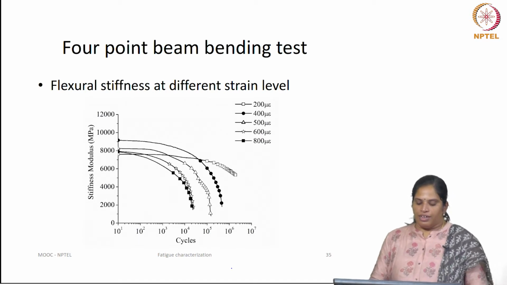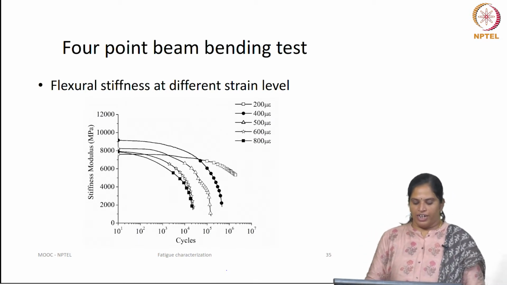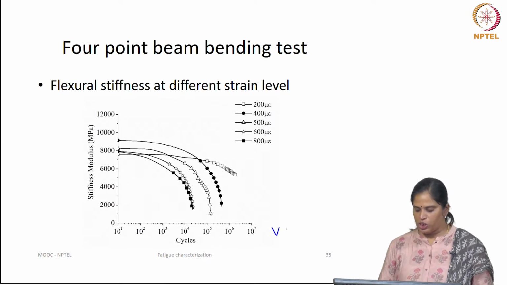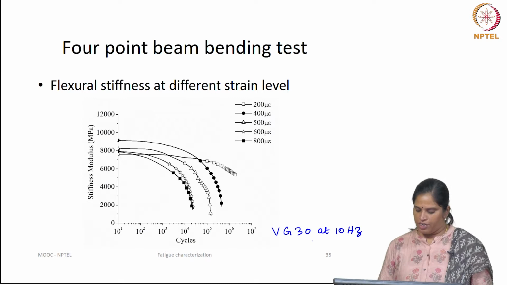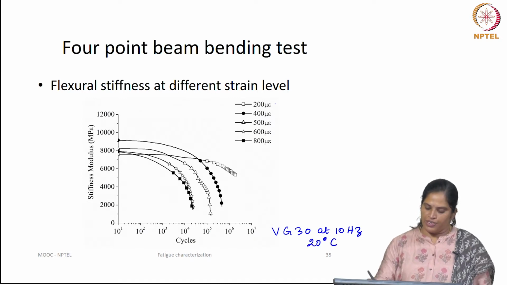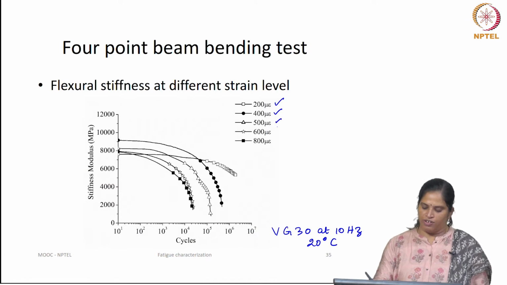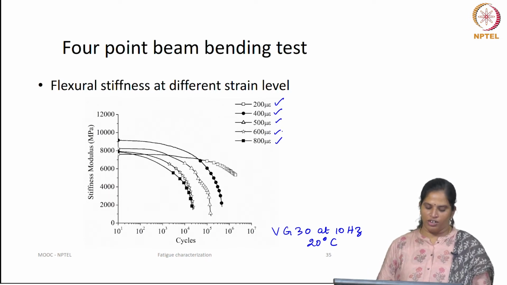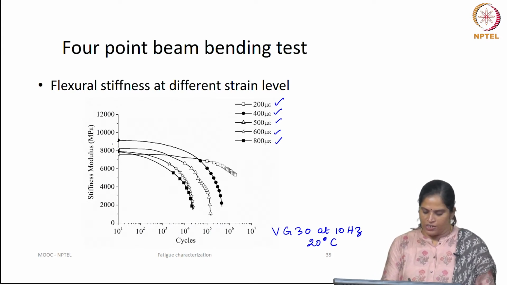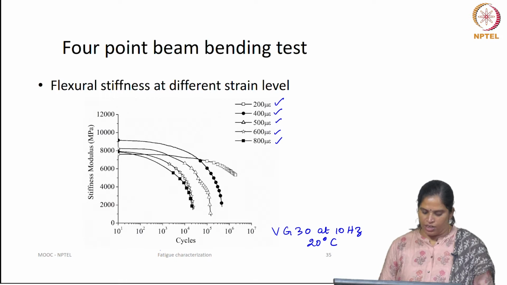You can see the flexural stiffness calculated for different strain levels, for a bituminous mixture prepared with VG30 sample, tested at 10 Hz frequency and 20 degrees Celsius. The test was conducted at 200, 400, 500, 600 and 800 microstrain. You can see that the stiffness modulus decreases with loading, and note that this is a logarithmic scale.